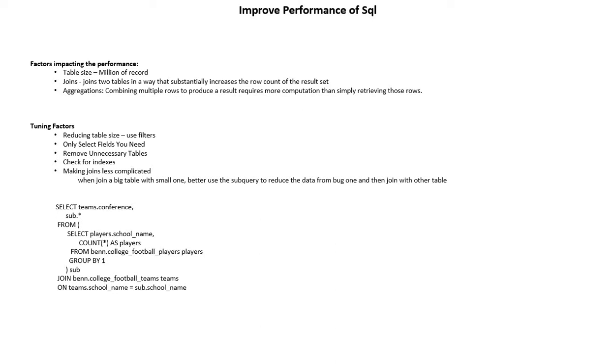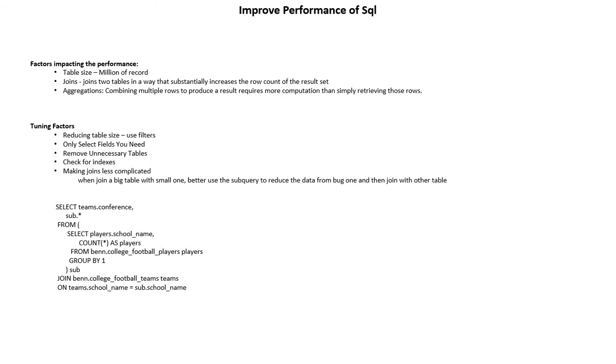Okay, and last but not least, we already discussed this factor: when you join two tables, where one table has a lot of data and another has less data, you're going to create a bulk of data. Instead, you need to think about whether you need the table with very big rows. Can you reduce the size of the records before joining with table B? Let's say table A has 10,000 records and table B has just 100 records.